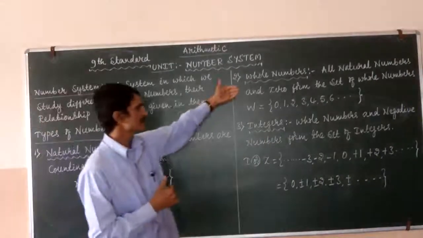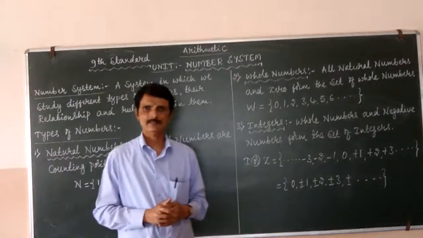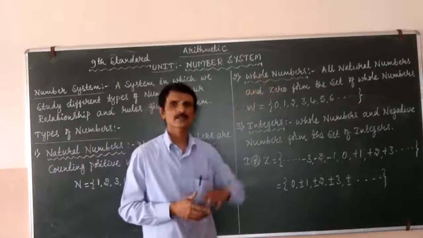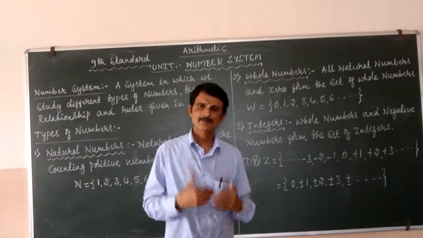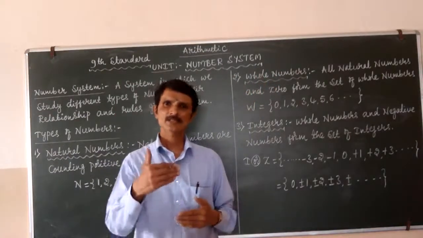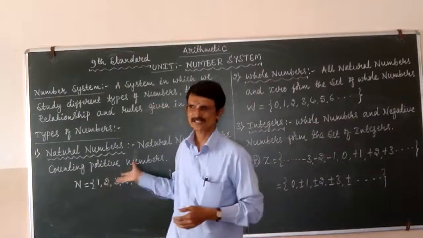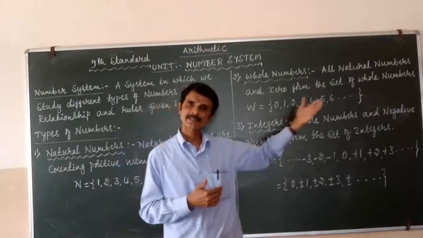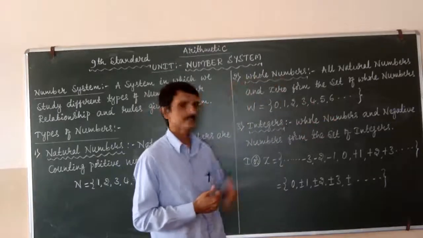Coming to the second type of set of numbers, that is whole numbers. Whole numbers: if 0 is added to the natural numbers, then we will get the set of whole numbers.